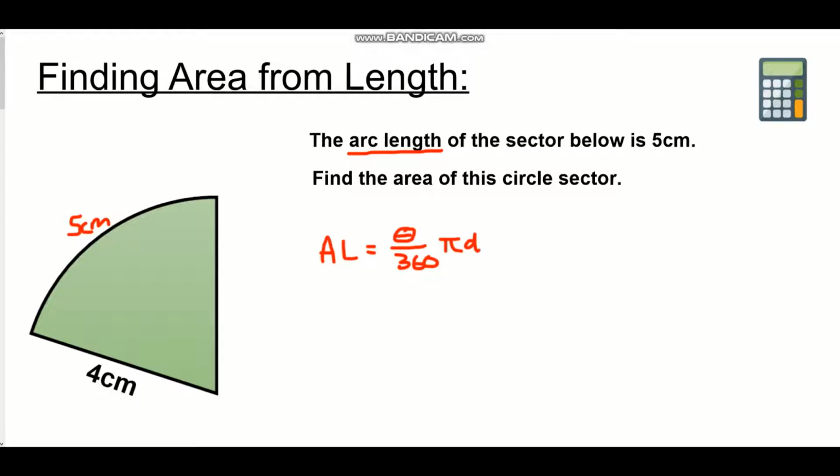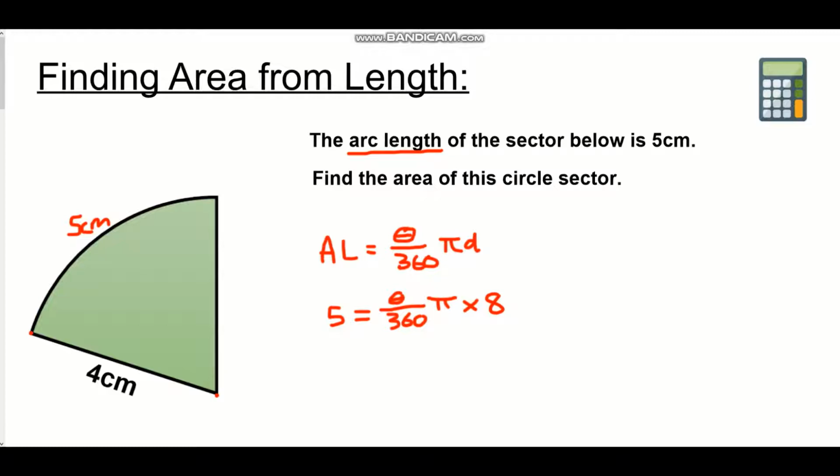I know the arc length is 5. I don't know the internal angle, so I'm going to have to draw another dodgy theta over 360, multiplied by pi, multiplied by the diameter of this circle sector, which is not 4, that's from the outside to the center. Our diameter is going to be 8 centimeters.